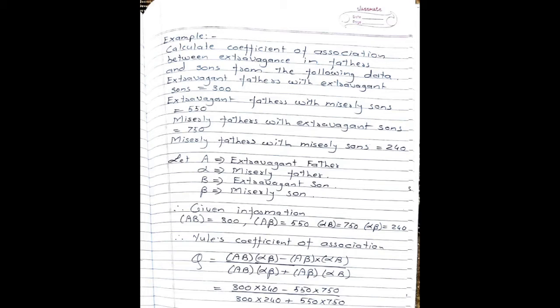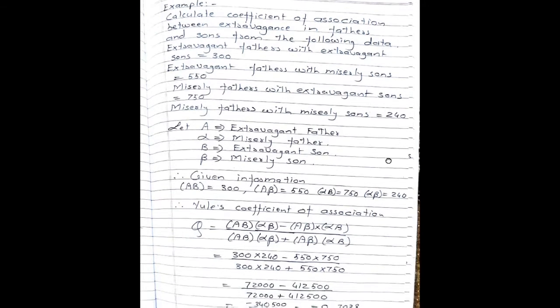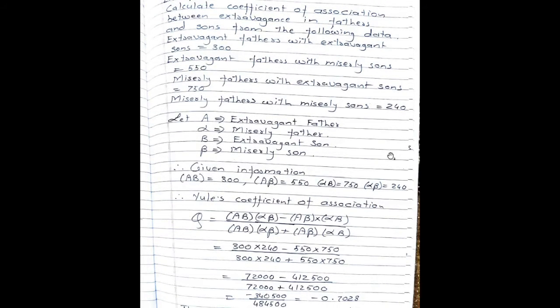So define the attributes. A is equal to extravagant father. Naturally alpha will be denoted by miserly father. B extravagant son. Beta miserly son. Now from the above data, we can say that frequency of class AB. See what is AB? Extravagant father with extravagant son.